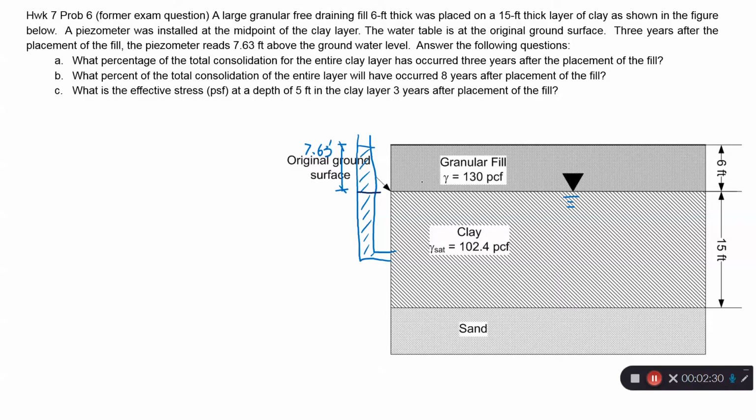And when the fill is placed, then you're going to have excess pore water pressure.